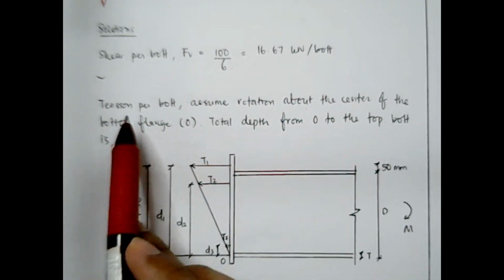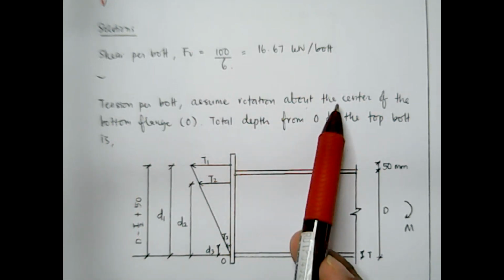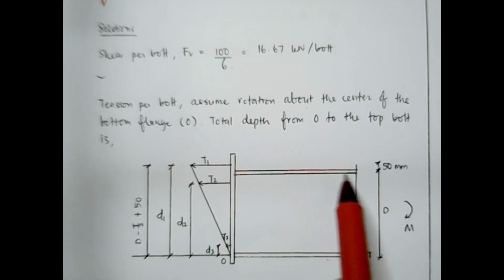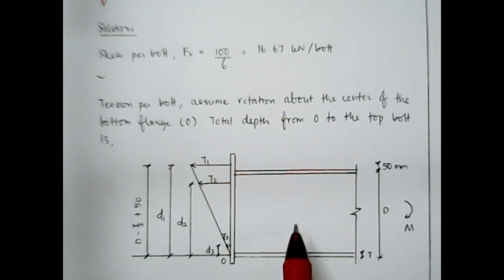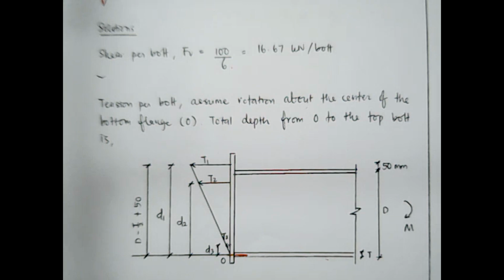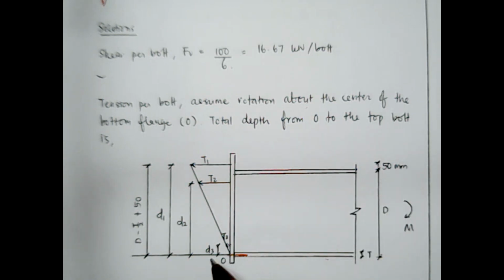Tension per bolt, assume rotation about the center of the bottom flange. This is your top flange, this is your bottom flange. You are assuming that the rotation due to moment acts at the center of the bottom flange. The total depth is measured from 0 to the top of the bolt.